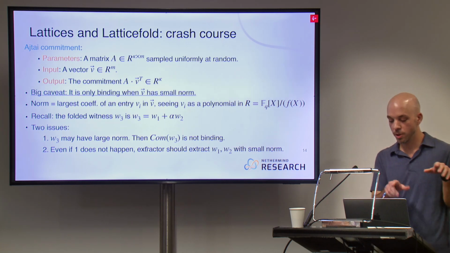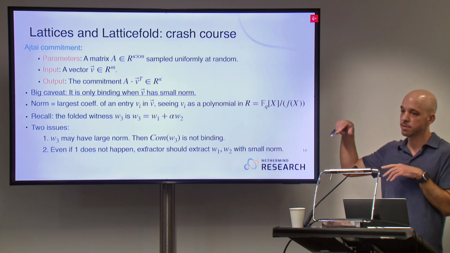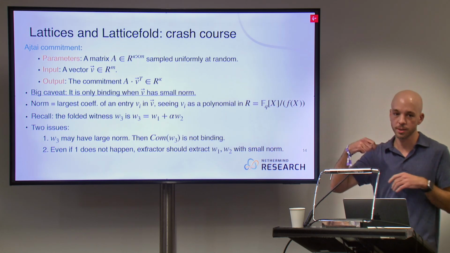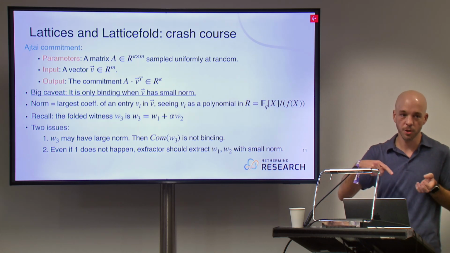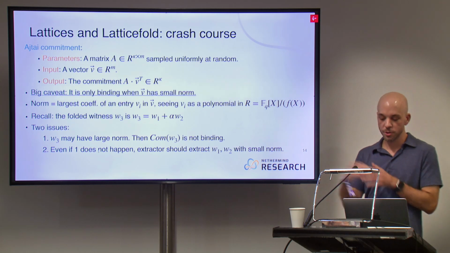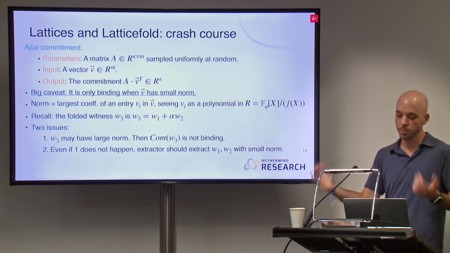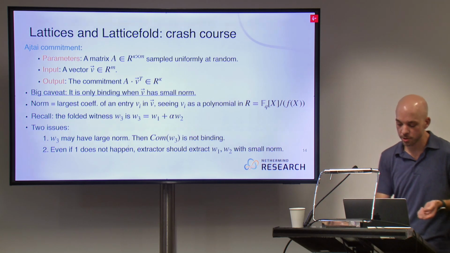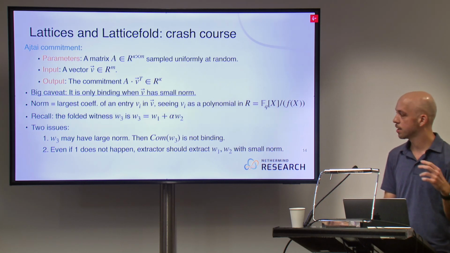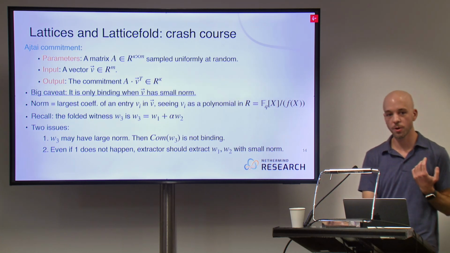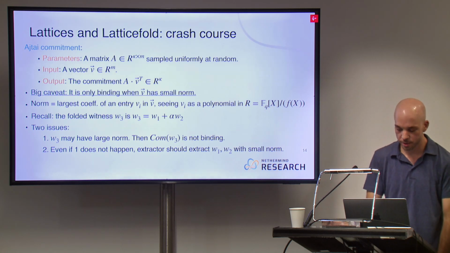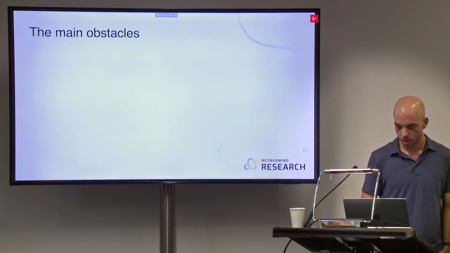And there's another issue, even if the first doesn't happen: in your relations, you want the witnesses to have bounded norm, because you want to make sure that the prover is using a binding commitment. So after you do folding and you want to prove knowledge soundness, you should prove that the extractor gets W1 and W2 with small norm, and this is tricky to do.